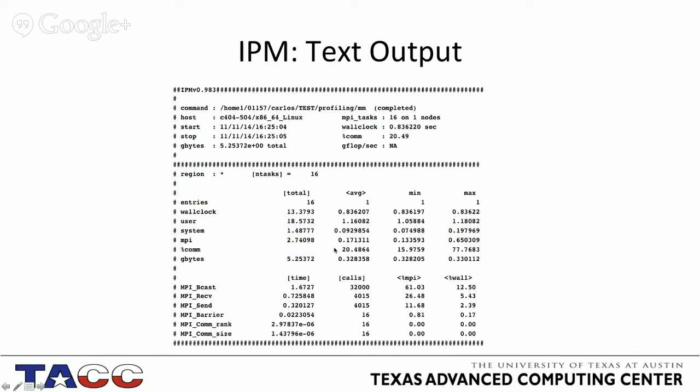So, you know, the average time spent in communication is 20%, but you had some tasks that spend as little as 16, and some tasks that spend as much as 78, which probably means, if I see that, I immediately think there's a master-slave configuration here somewhere, because there's one guy that is coordinating all communication. That's why he spends 80% of the time in communication, right? That's the only thing that would make sense to me.